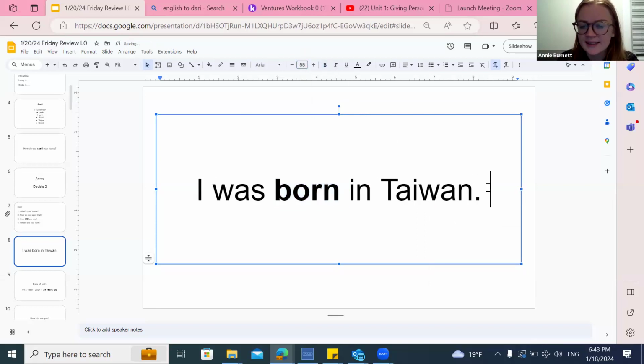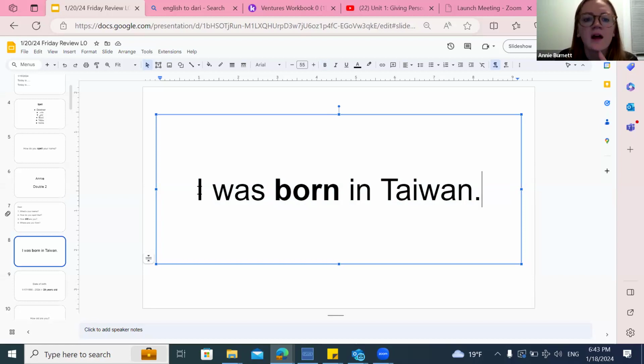Born is the day of your date of birth. For example, I know some students born in Kyrgyzstan grew up in Russia. For example, when they were a baby, right? Born in Taiwan. Baby.